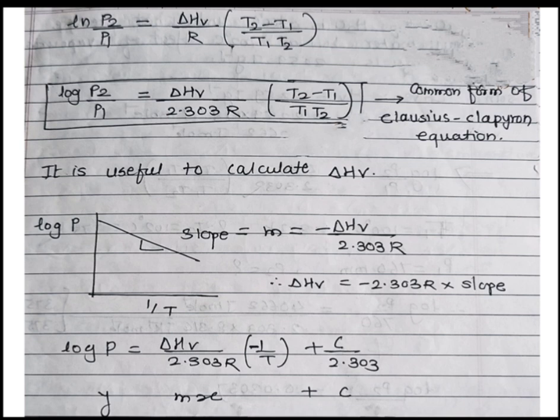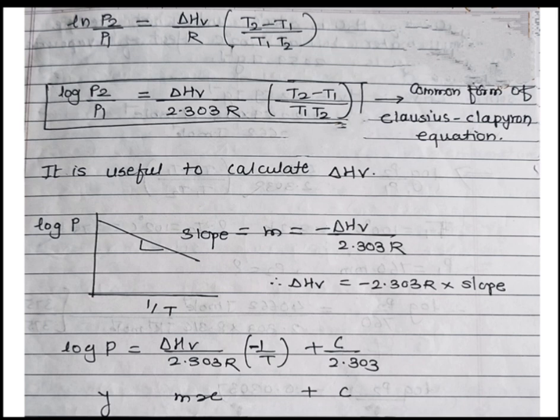The slope of the graph is m, and it will come as minus del Hv divided by 2.303 R. So del Hv is equal to minus 2.303 R into slope. And now log of pressure is equal to del Hv divided by 2.303 R into minus 1 upon T plus c, where c is a constant, divided by 2.303.